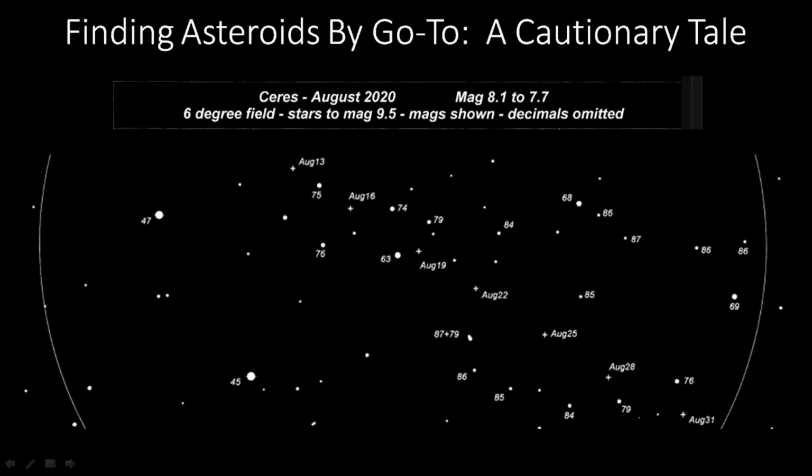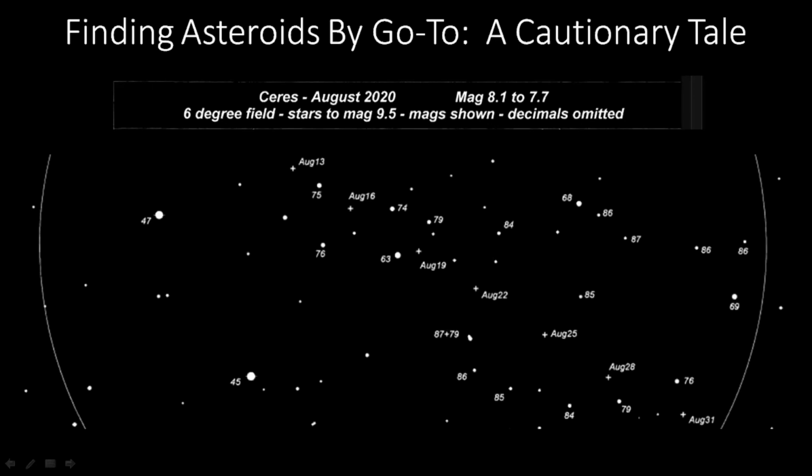And I know that the guy who sent that email has a go-to telescope. And I don't know what his go-to telescope took him to that night, or what it was that he was looking at and showing people and passing off as Ceres, but I guarantee it was not Ceres that he was looking at. So don't let that be you.